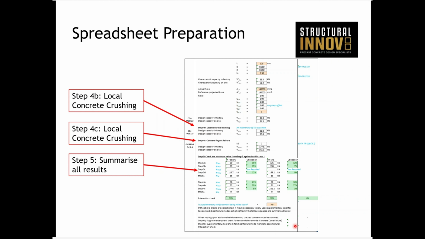If any of those were red, we have to address it, go back through the spreadsheet and determine the best way to address that non-compliant check. Interaction checks are also important and mainly govern when you have larger angles of chain.